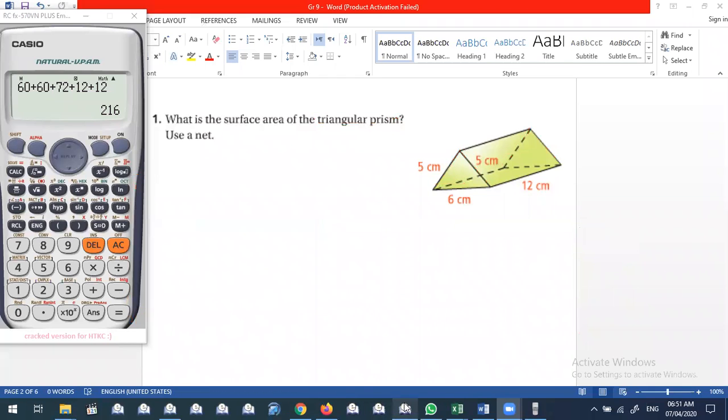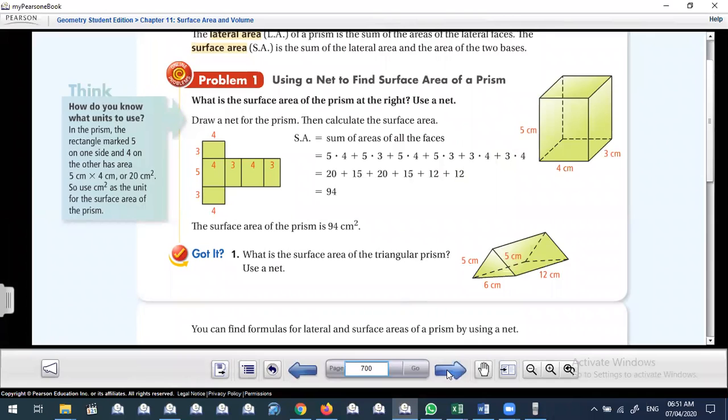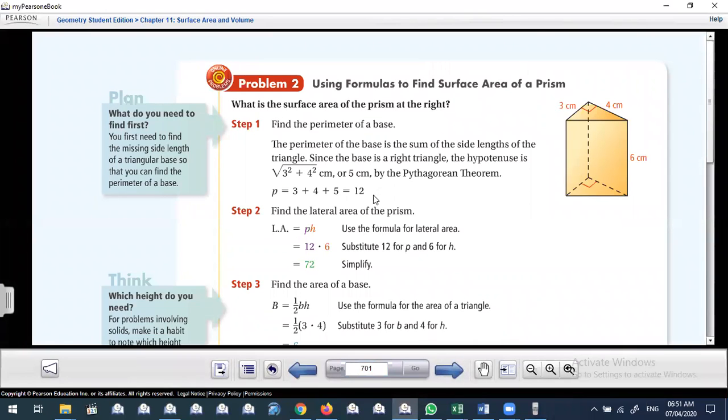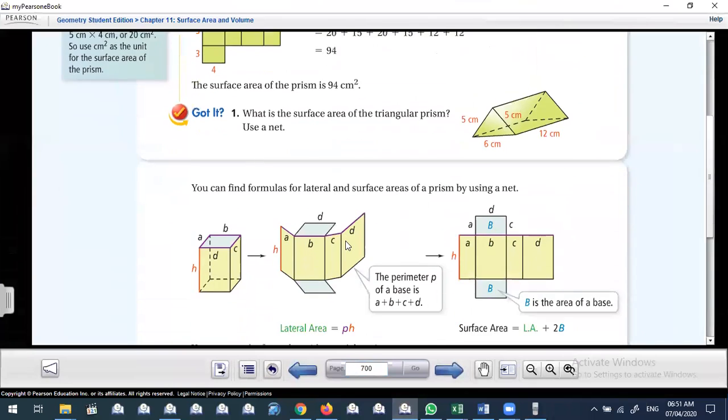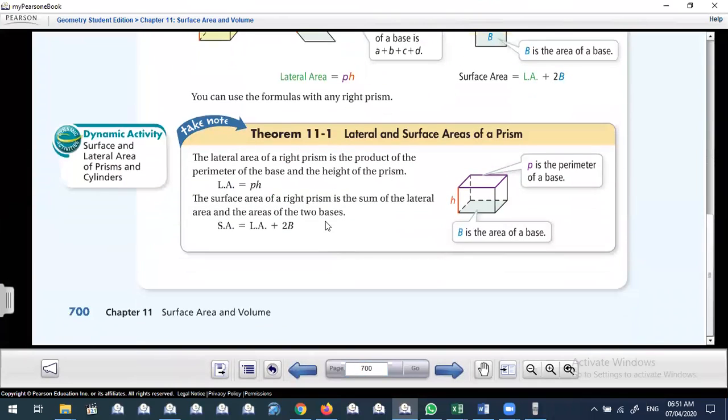After that, we are going to move to using the formula to find the surface area of a prism. Our formula is like that. Lateral area is pH. P means perimeter of the base, H means height.